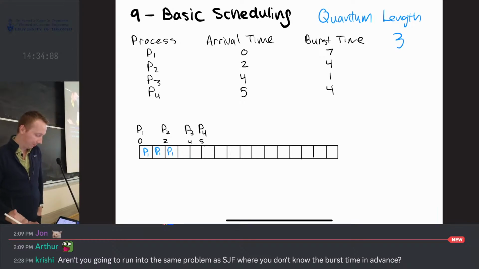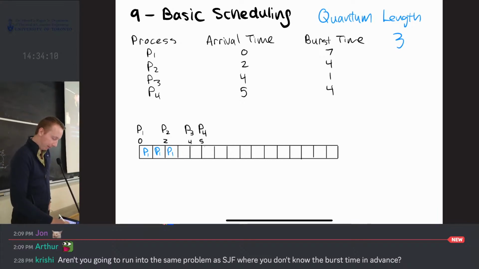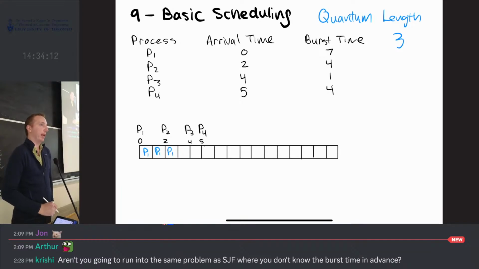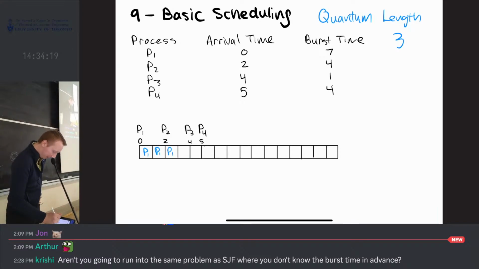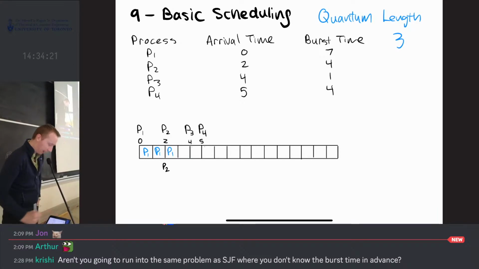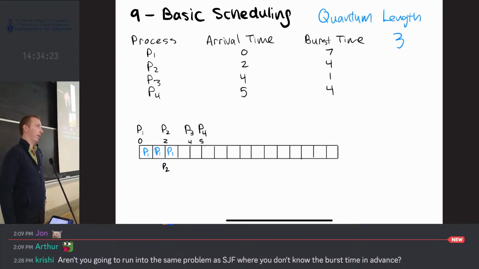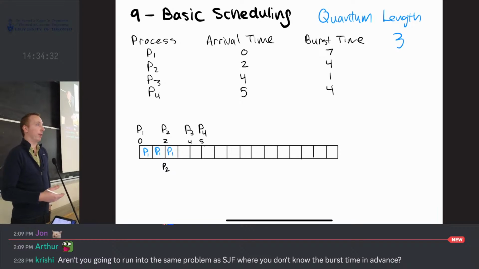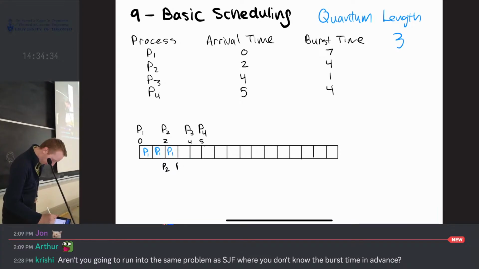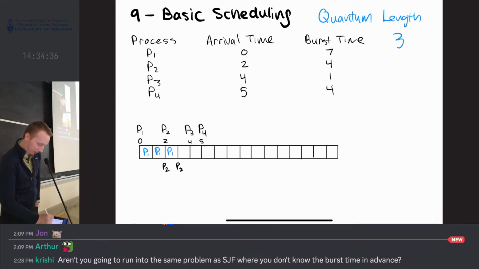At the bottom, I will write in my queue at every time step. At time 2, while P1 was executing, P2 came in, and it would be at the front of the queue. It's the first one in line now. So at time 3, when P1 is done, it would go to the back of the line. So at time 3, our queue would look like P2, then P1.